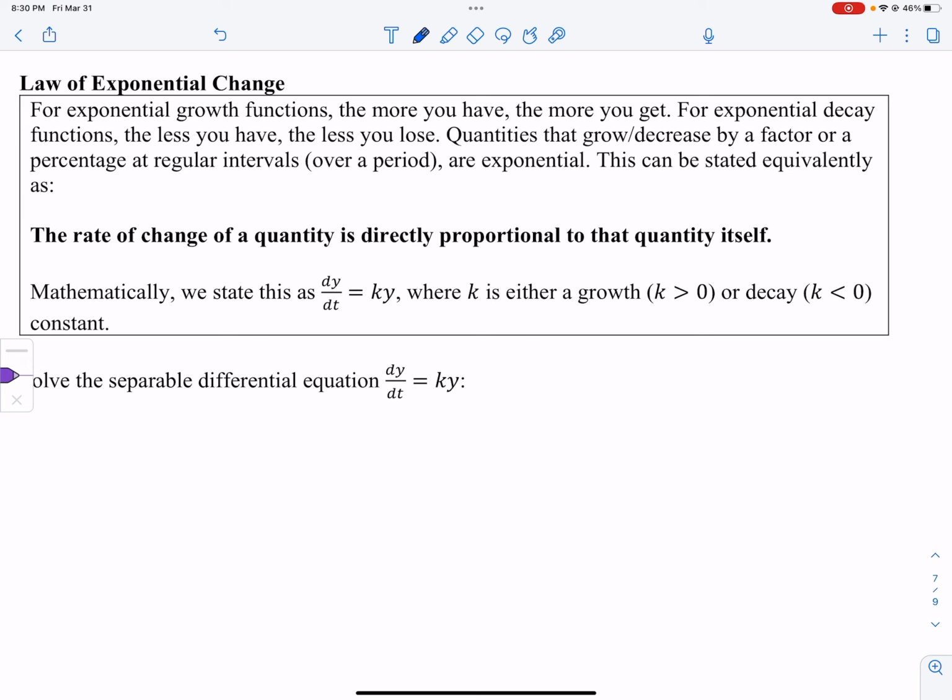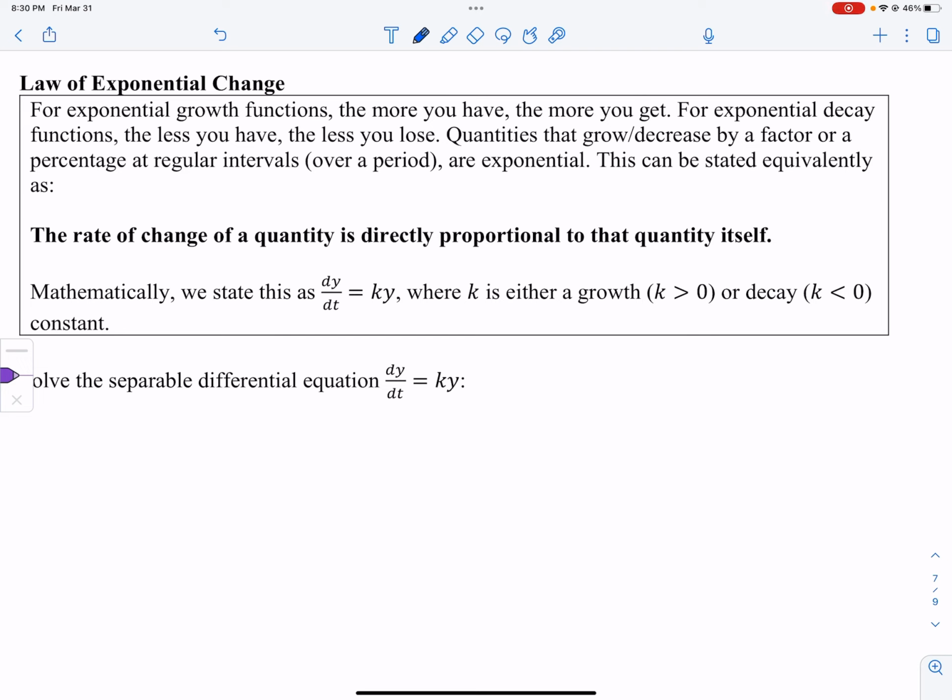functions that exponential situations that can be modeled by exponential growth means that the more you have, the more you get. And for exponential decay, the less you have, the less you lose. And those quantities are growing or decreasing by a factor or percentage at regular intervals or over a period.